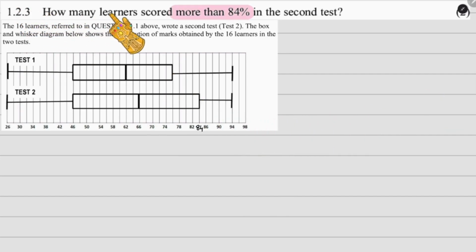And we want to know how many learners scored more than 84%. So it's 84 onwards this way. Because if I go that way, they scored lower than 84%. So we want to know how many learners are over here. And to do that, we need to use this number, 16 learners. And we also need to know how a box and whisker plot divides our data.